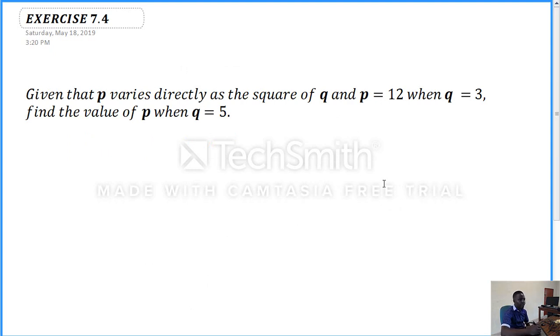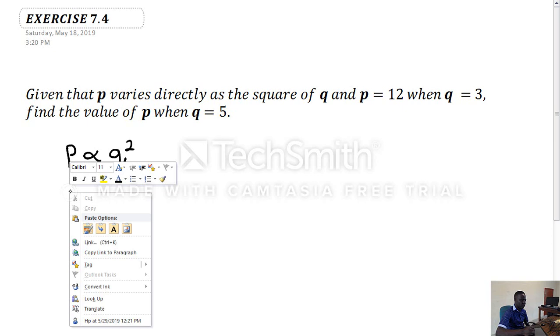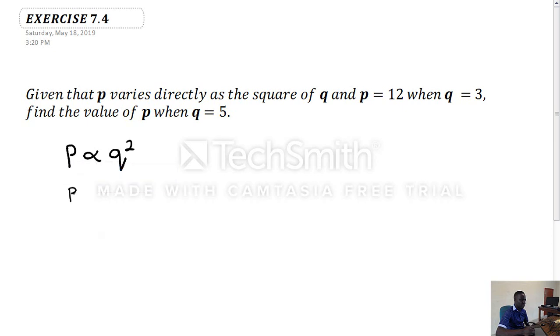find the value of P when Q is equal to 5, given that P varies directly as the square of Q. So how do we write that in direct variation? We say P varies directly as the square of Q. Expressing this as an equation, you have P is equal to KQ squared.